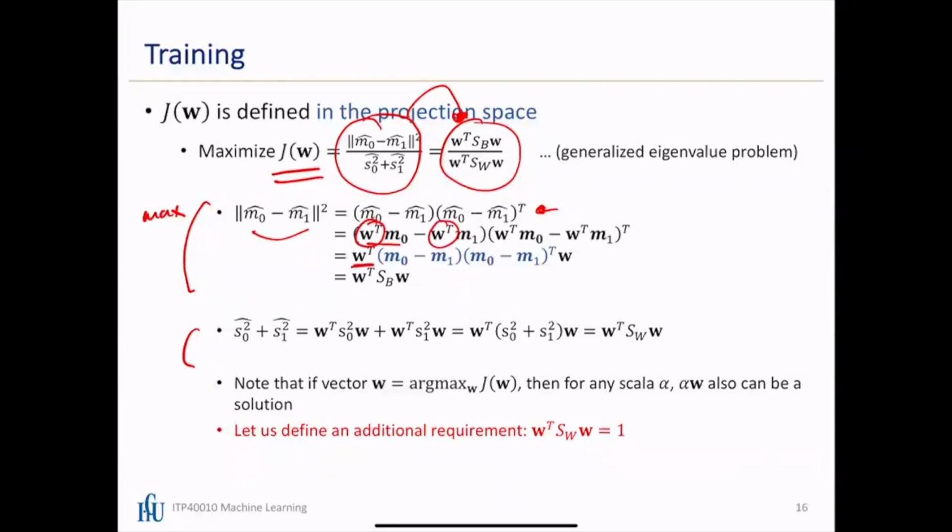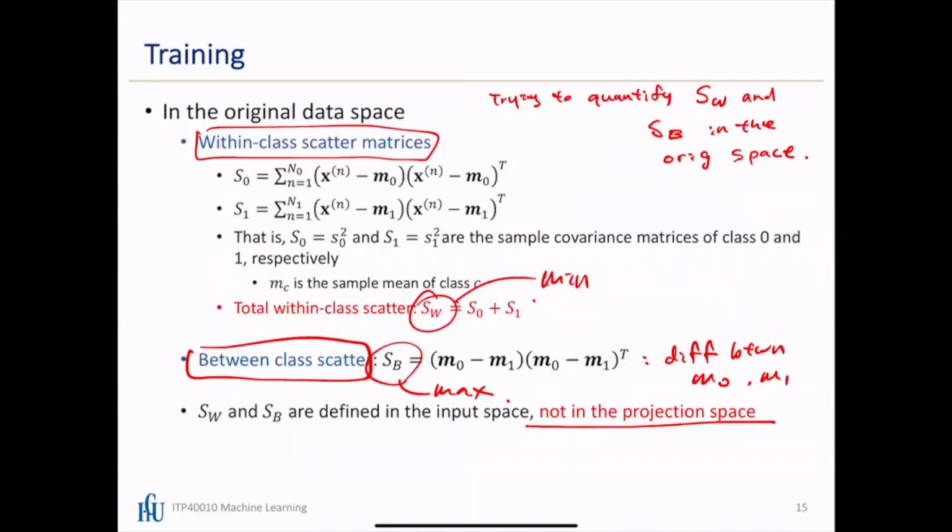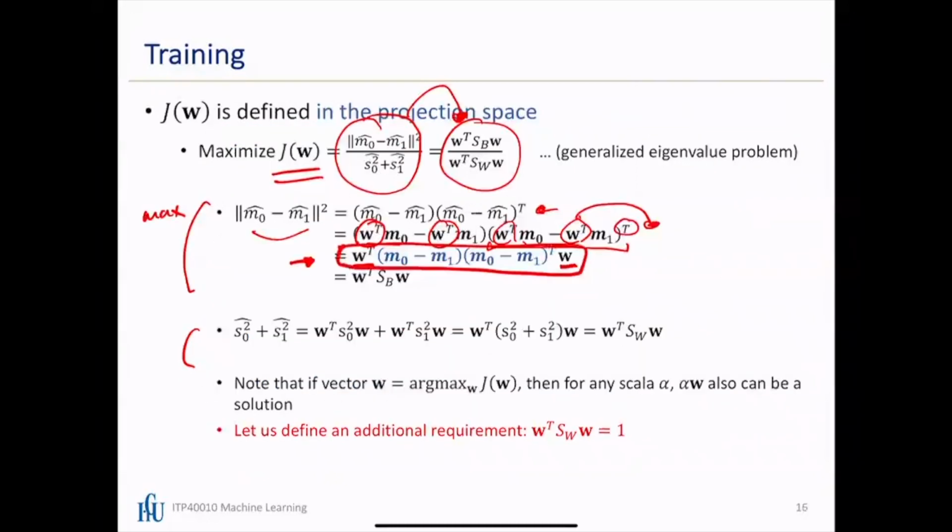W is now here. The second term over here is the transpose, so you can collect W^T and it gets outside of the parentheses in this direction. You have W because the transpose of the transpose is the original matrix. If you write things down, you come up with this multiplication using the mean vectors from the original space. In the previous slide, we defined S_B to be the difference between the mean vectors from the original space. So let's take it: W^T S_B W. This step should be clear.